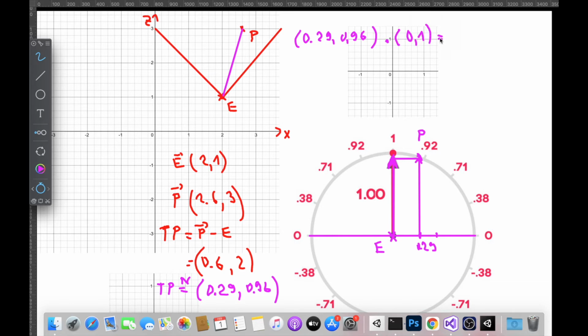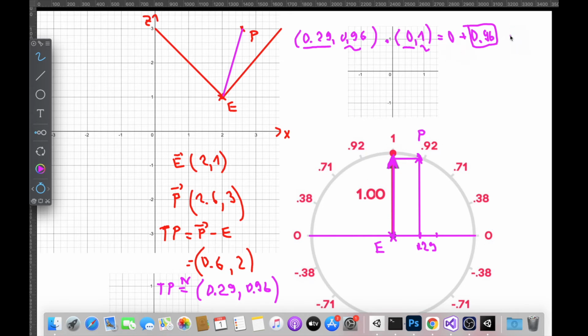For the dot product, you need to multiply each part separately and then add them together. So you multiply 0.29 and 0, which makes 0, plus 0.96 multiplied by 1 is 0.96. So 0 plus 0.96 is this value here. That's the point of the player. We already found it. That's the dot product.